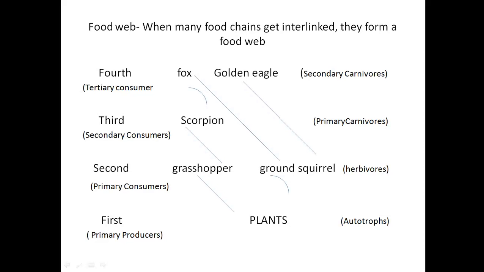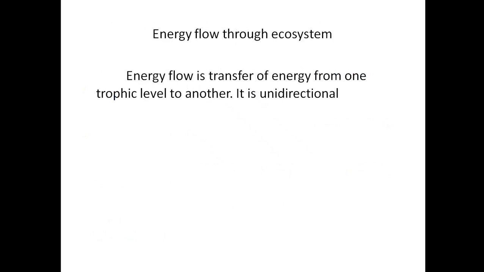Then the scorpions can be eaten by the fox, or directly the ground squirrel can be eaten by the golden eagle. So fox here comes under the fourth level, and they are known as the tertiary consumers. They also come under the secondary carnivores.